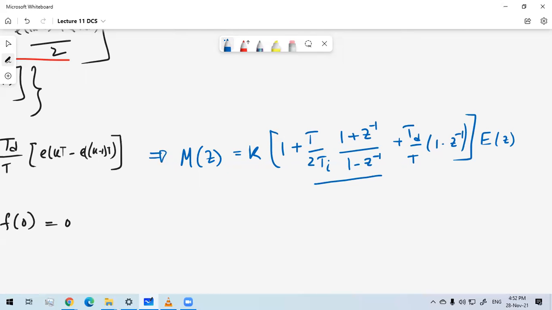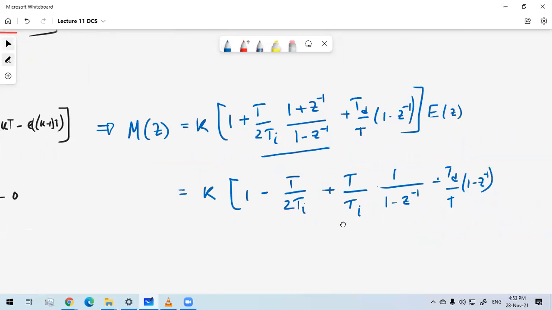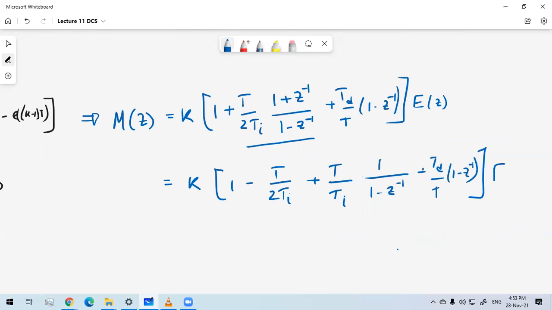Okay, so if you do a bit of modification here, eventually what we are going to get is K times (1 minus T by twice Ti plus Td, sorry, it should be T by Ti, divided by 1 minus Z inverse, plus Td by T into 1 minus Z inverse), times your error signal.